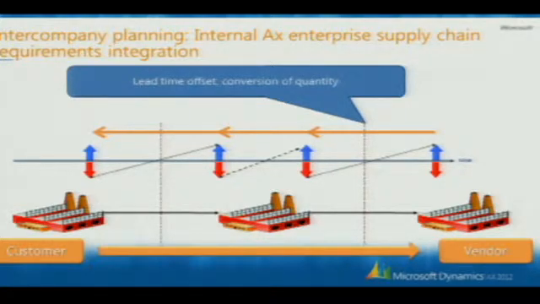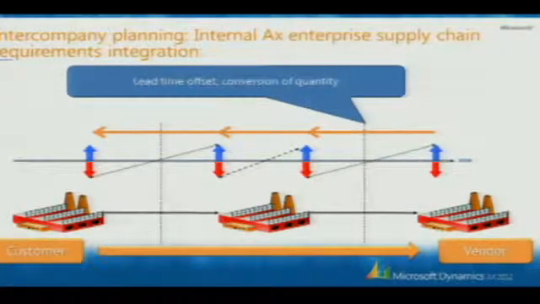And so for the first time in AX6, the plans that are coming from the sales subsidiary are transparent to the production plant. The production plant or the distribution plant can make its plans taking into account planned demand from the sales subsidiaries.